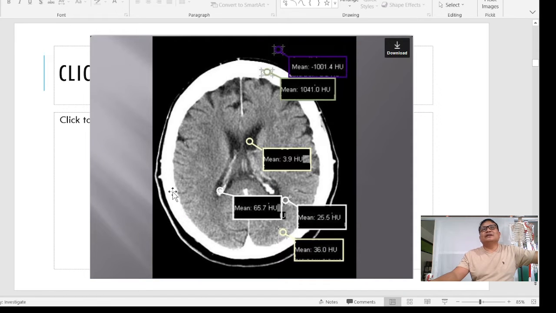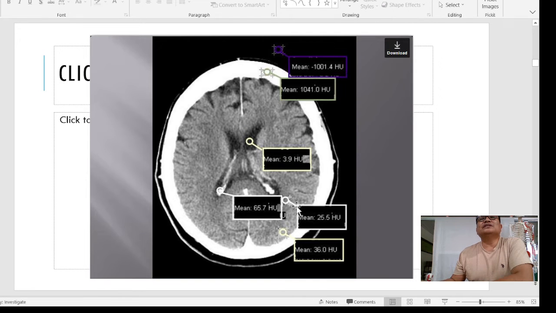Okay, so we have here a sample image of the brain. So here we can find out the image of the brain. No? This is in CT scan, in Hounsfield units. Okay, here this is the anterior part and this is the posterior part. We have here your ventricles in the brain, where it produces CSF.